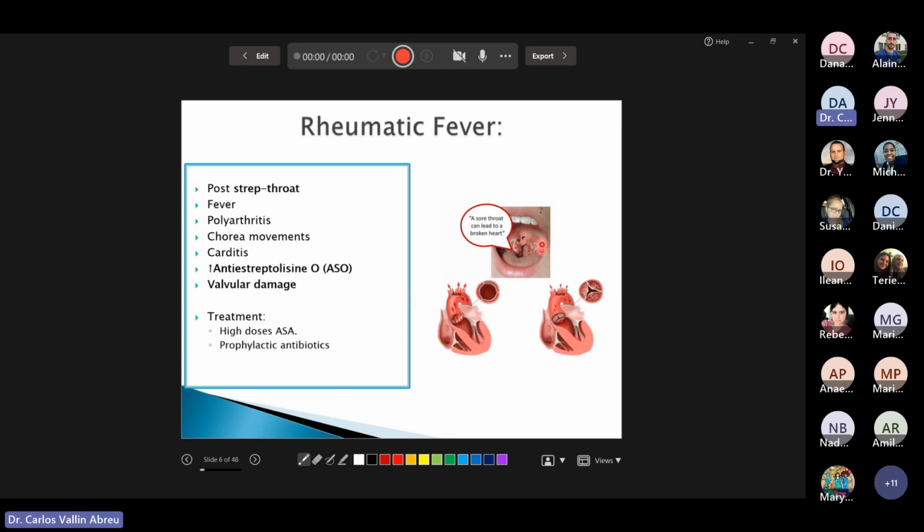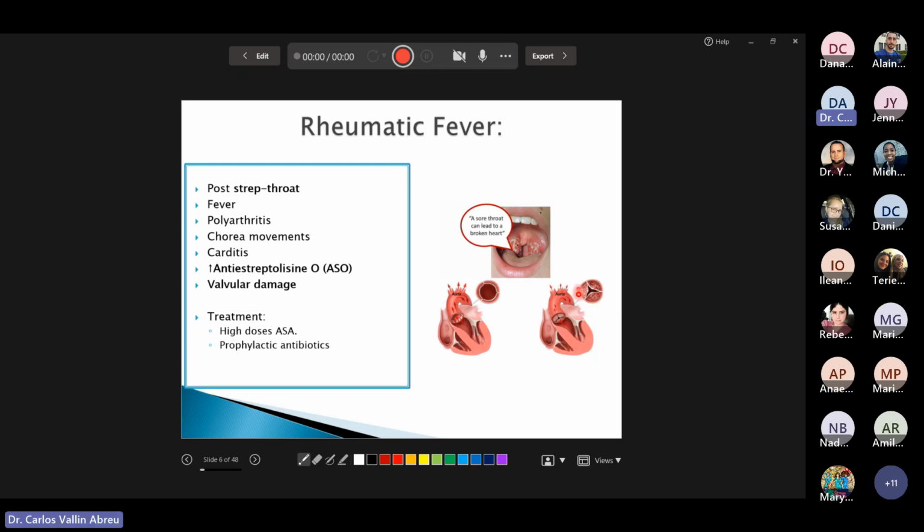By the way, the doctor will treat the infection aggressively to minimize the immunological response and will use high doses of aspirin to inhibit the inflammation in the heart, with very good outcomes.